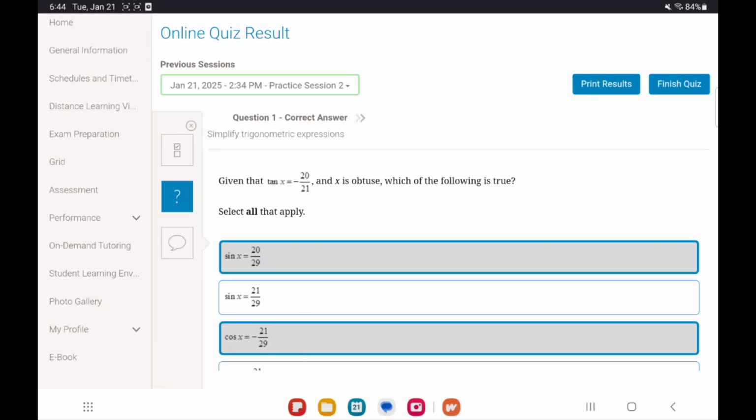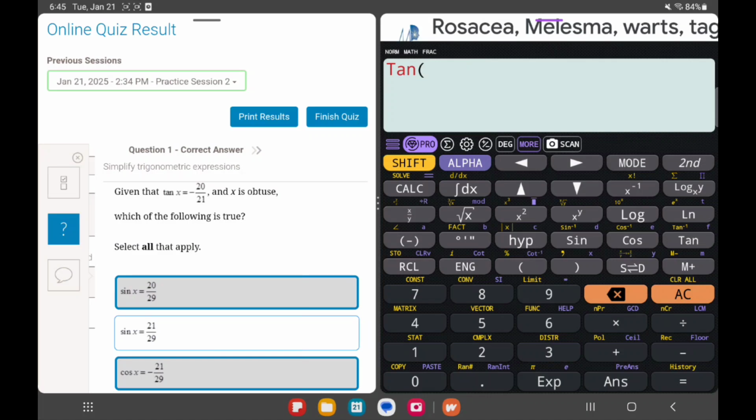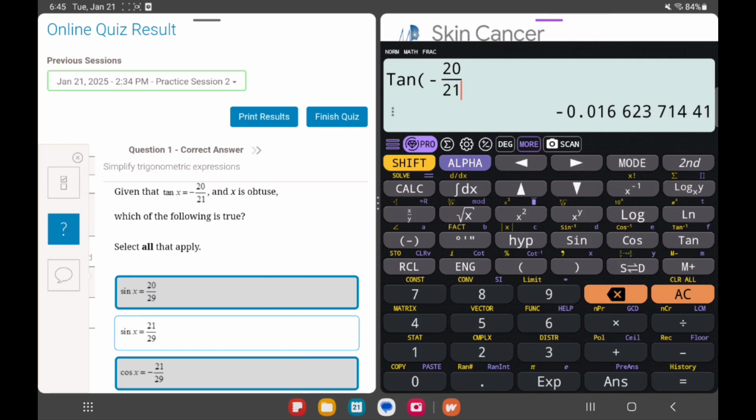Let's do tan on our calculators. Let me open the calculator. Okay, let's do tangent, negative 20 over 21. Wait, we have to do shift because it's on the other side, right?